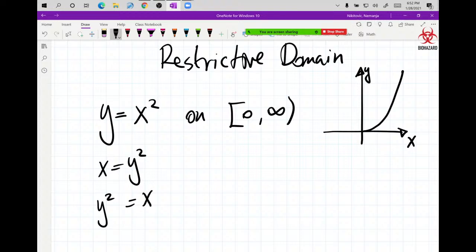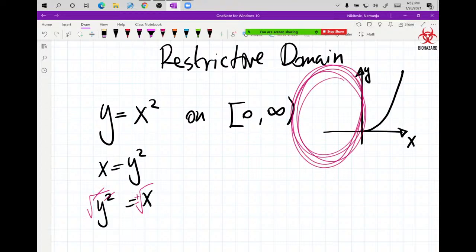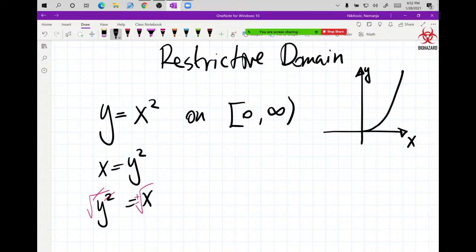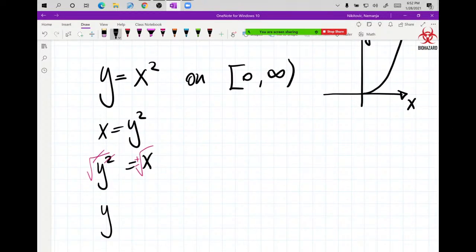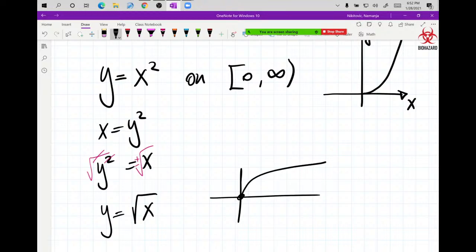Take the square root of both sides with a plus and minus. These cancel on this side. And we did not have the negative part of the x squared graph, so we can drop the minus. Therefore, y equals just root x. Now, when you have just root x, that is a function. So now you have an inverse function.